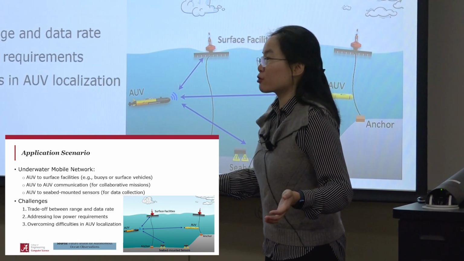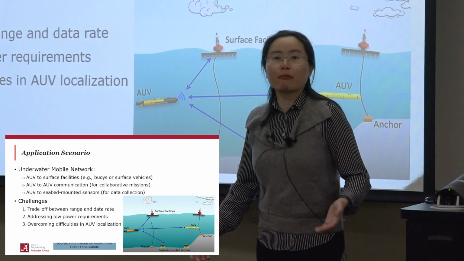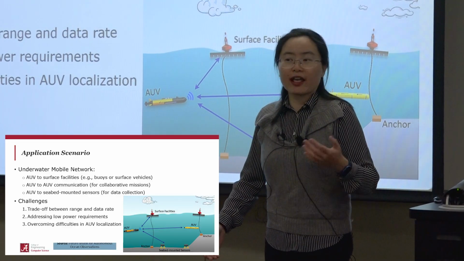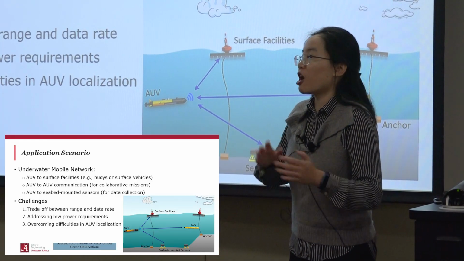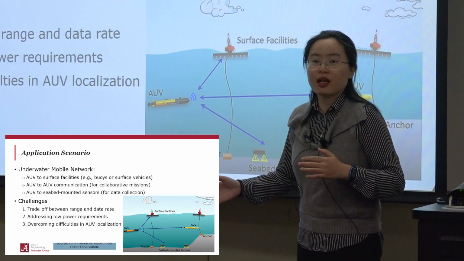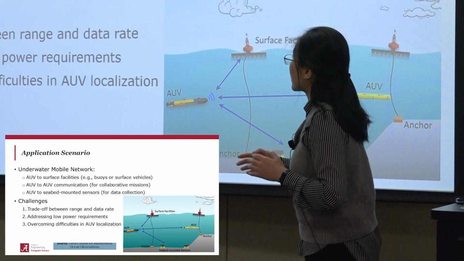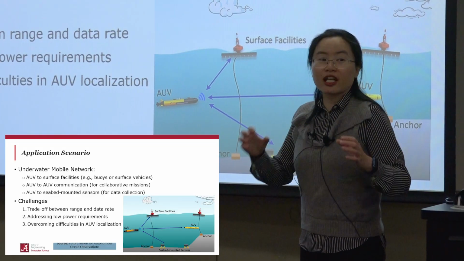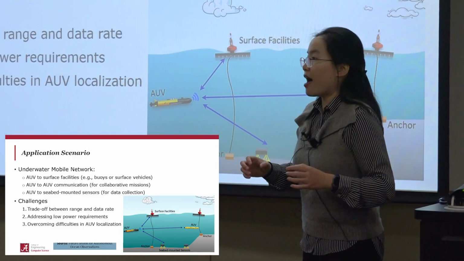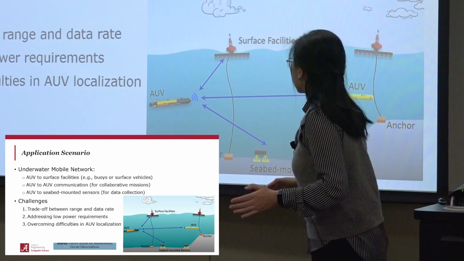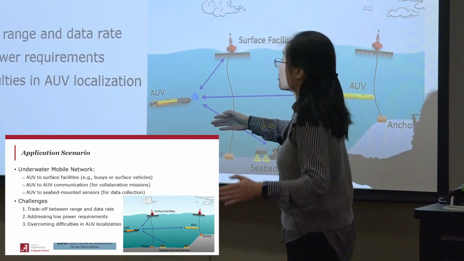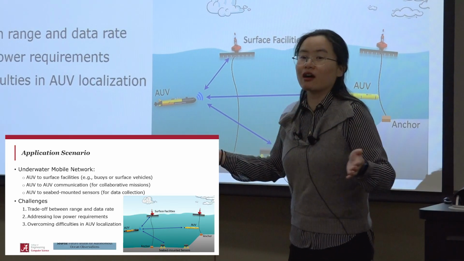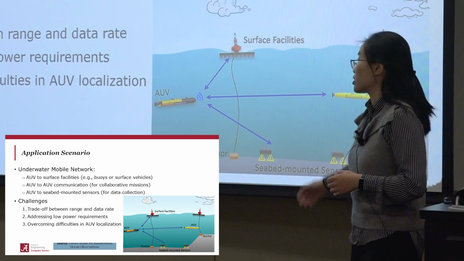And imagine in the future, AI is also going to play a more important role. And AI applications require large amounts of data exchange. So all those applications require us to be able to exchange data at high rate and long range, because we cannot expect AUVs to be operating very closely together in a large ocean.